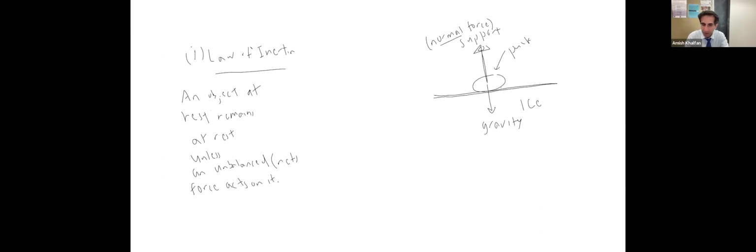So be very careful. I'm examining the forces on the puck, okay? If you ask me what are the forces on the ice, well, for every action, there's an equal opposite reaction. So that normal force that I drew on the puck, yeah, there's a push that the ice exerts on the puck, but in turn, the puck exerts a push down on the ice, right? And so I would say that there's a kind of reaction there, and that would be this one.